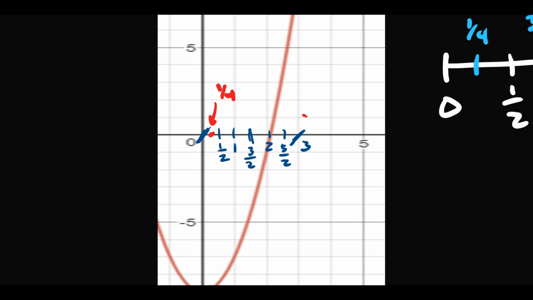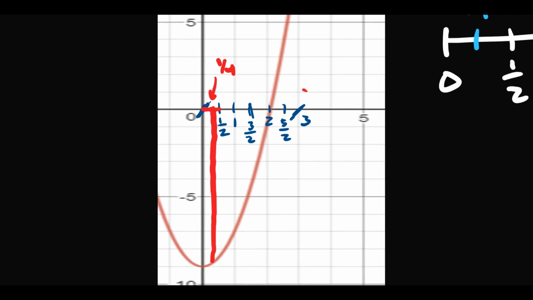And so the width of the rectangle is going to be like this, and then I'm going to go all the way down. That's going to be the height right there. So the height is where 1/4 is, and so this is the rectangle right here. So I'm going to find this area right here.